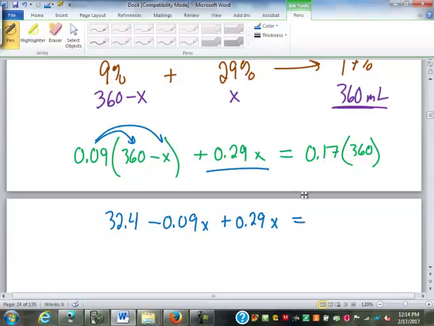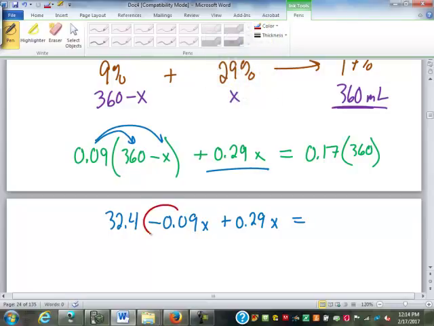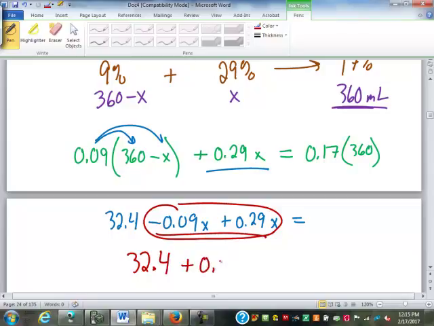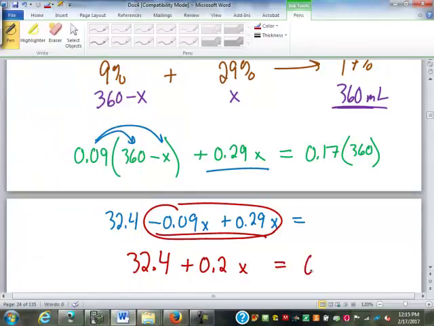Now before I go over to the other side, I'm going to keep combining here. I can combine my negative 0.09x and my positive 0.29x. My 32.4 isn't going to change. That's going to become a positive 0.2x. On the right side, 0.17 times 360 is 61.2.